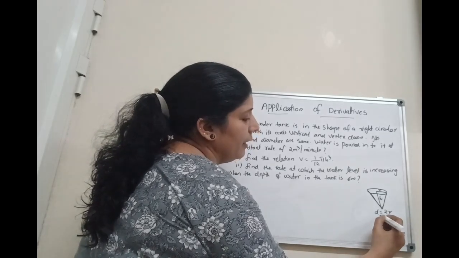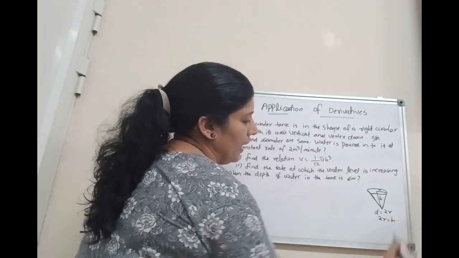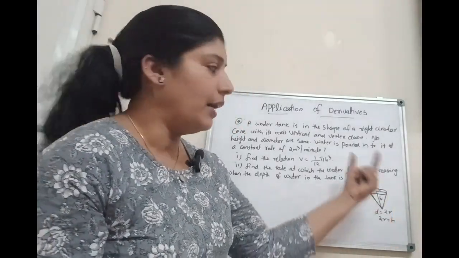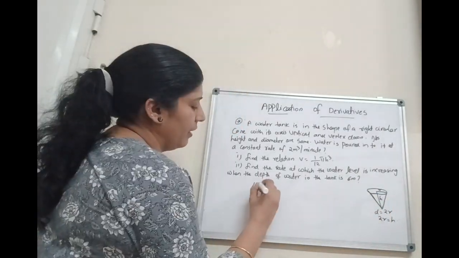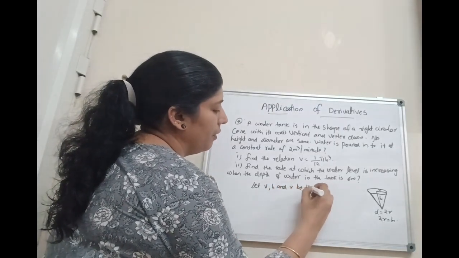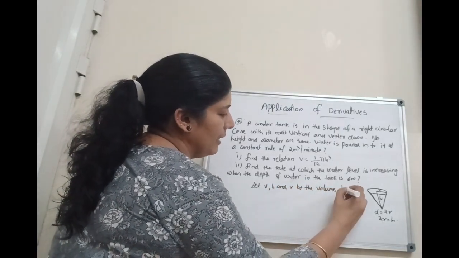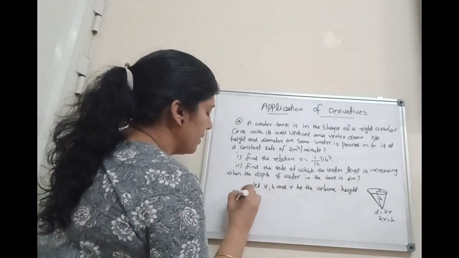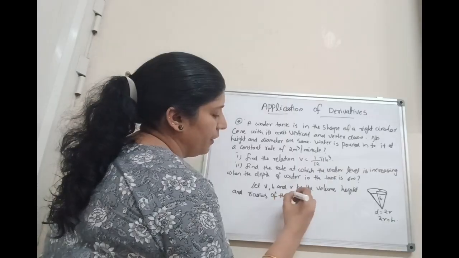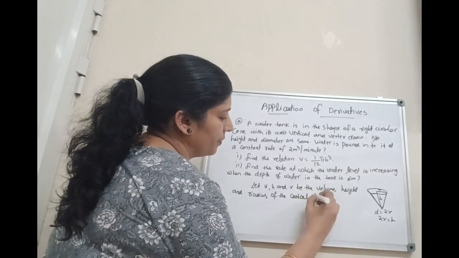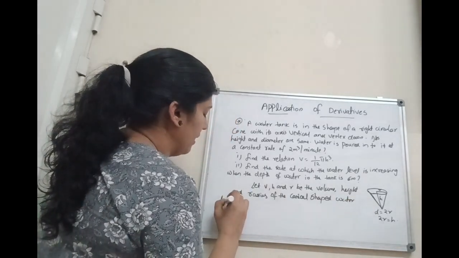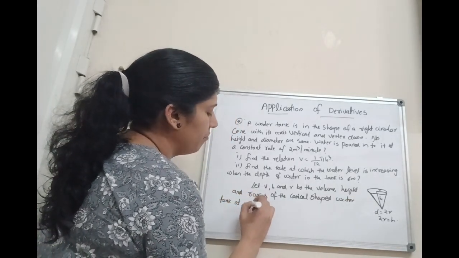Therefore, D equal to H, that is 2R equal to H. Let V, H and R be the volume, height and radius of the conical shaped water tank at time t.